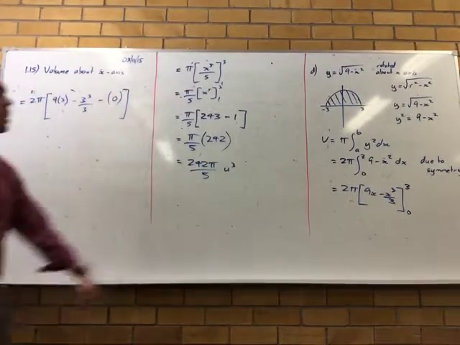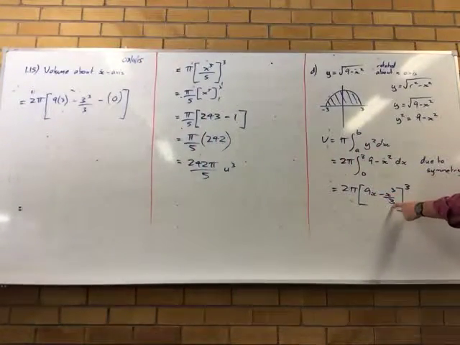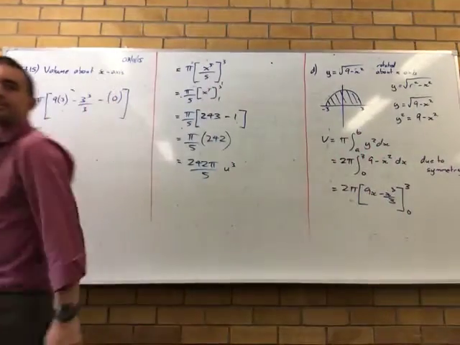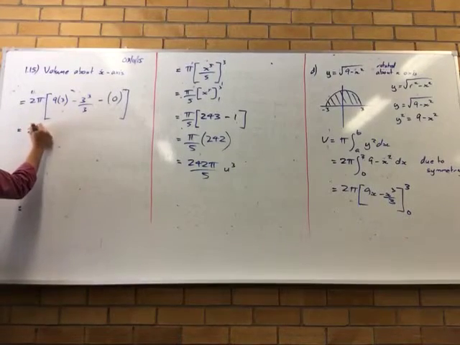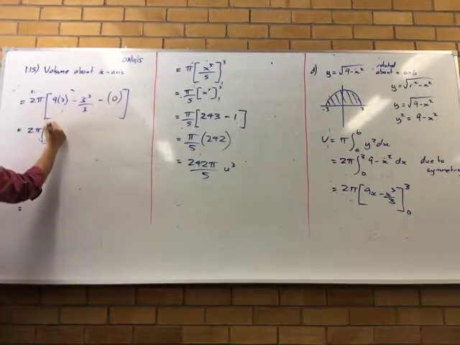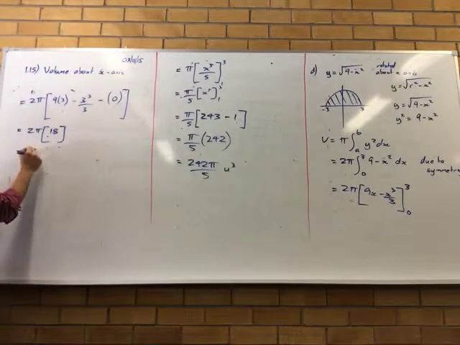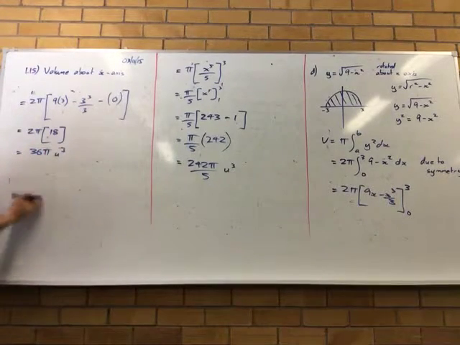In other words, 9 times 0, take away 0 cubed on 3, you get 0 take away 0, which is 0. So 2 pi, 27 take away 9, 18, take away 0. So we have 36 pi units cubed.